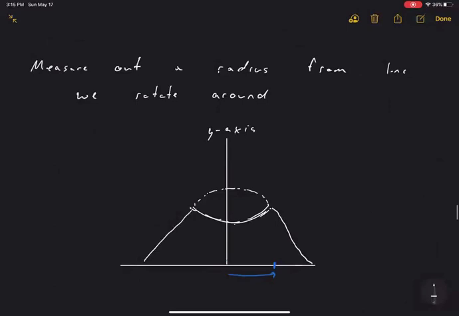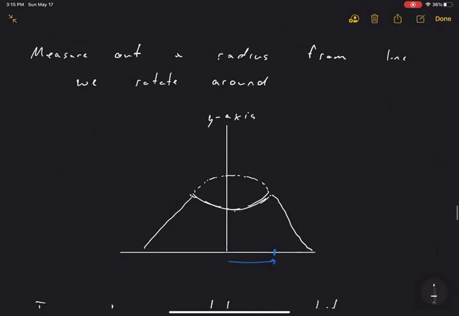Okay. So let's think about how we're drawing these cylinders. Let's go back to our 3D object, and let's draw some of these cylinders. I've rotated around a vertical line, right? So I'm going to do everything in terms of x. Let's keep that in mind.